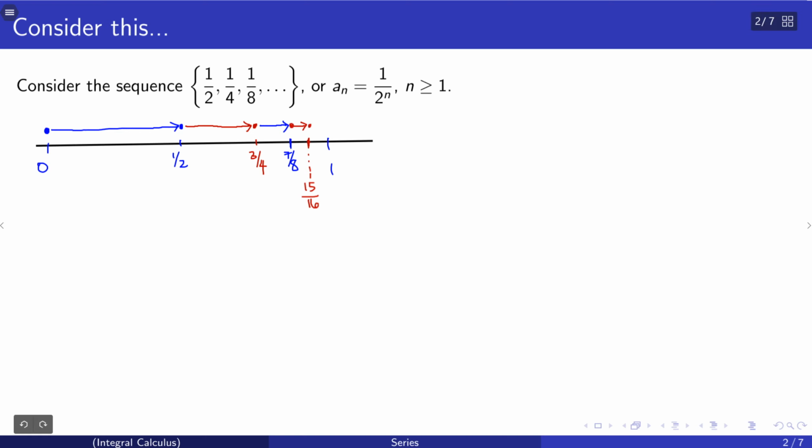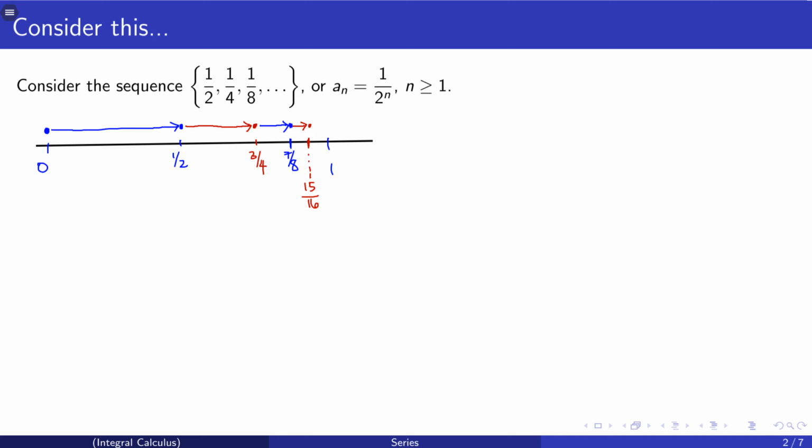Okay, so what do you think happens here when we keep adding to infinity? You notice that at each step, when we're adding each term, you're getting halfway there to 1. But also notice that because of that, we don't actually get all the way to 1, even if we're adding all these terms up together.